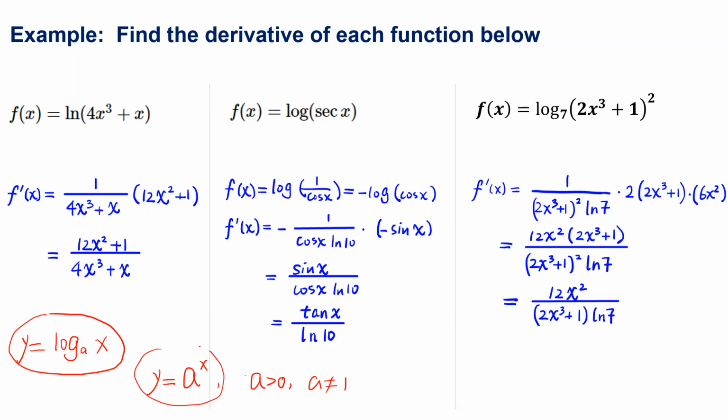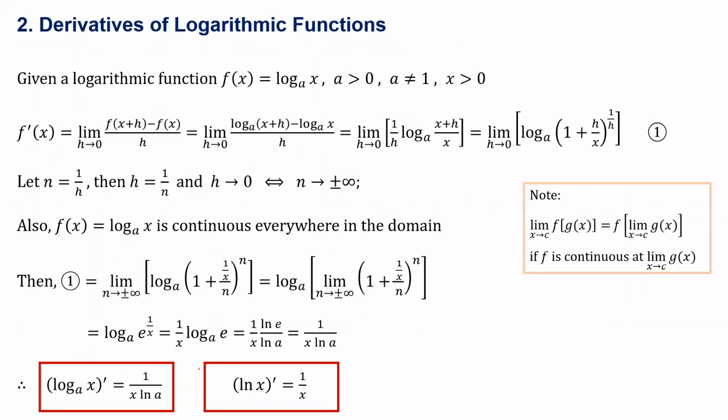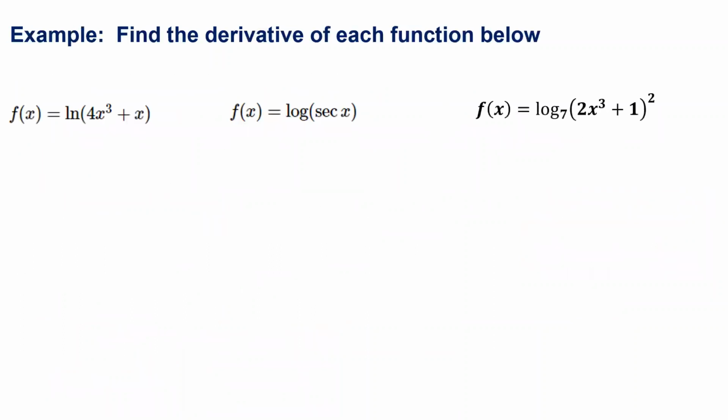So this is called exponential function, which is actually the inverse of the logarithmic function, right? So in order to derive the derivative of the exponential function, of course, you can start from the very beginning using the definition of the derivatives, right? You can try to do that after this class.